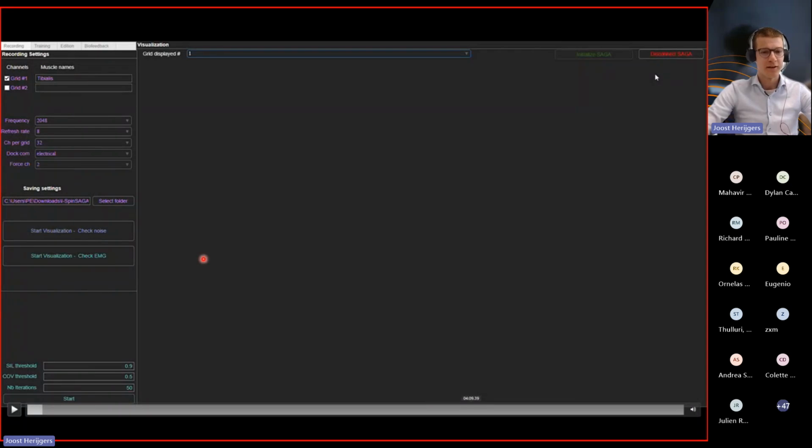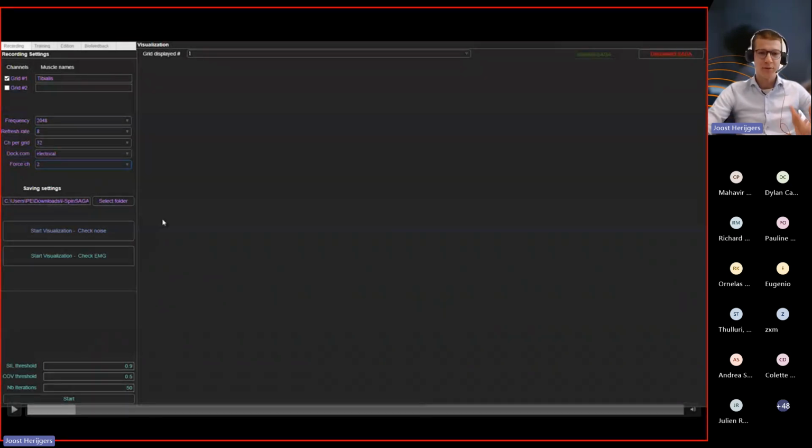Next to that, we have the various other settings for Saga, which you can see being highlighted right now on the screen. In this case, the muscle has been specified, the sampling rate can be set, the number of channels per grid can be specified, and so can the channel of the Saga's auxiliary port to which the force sensor is connected.